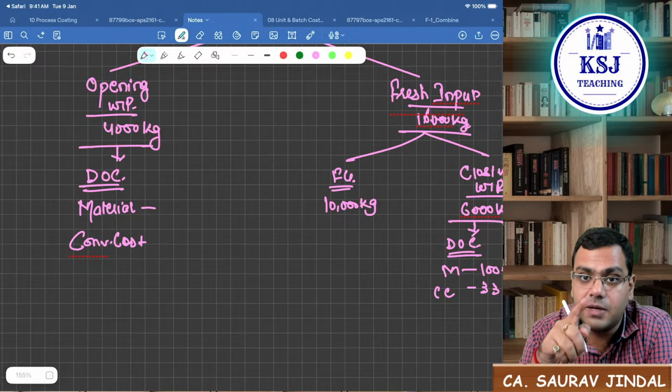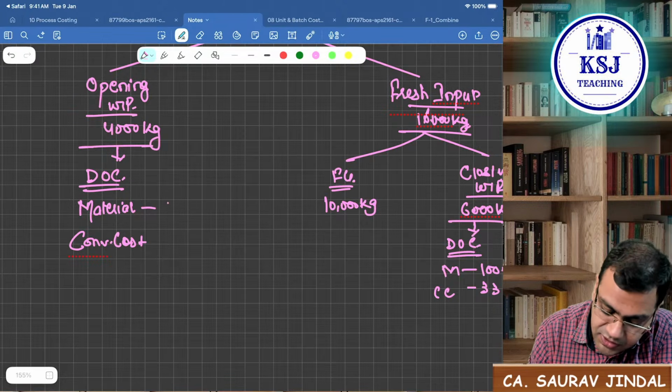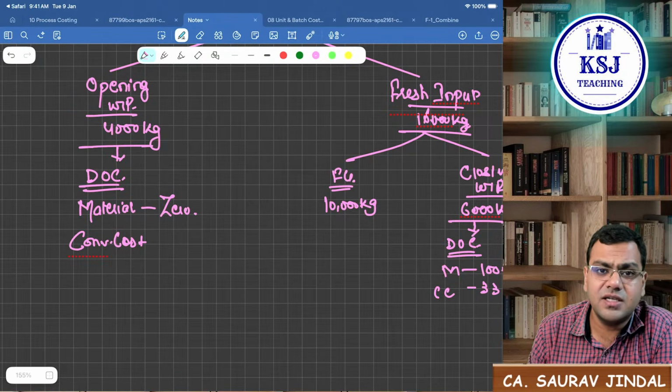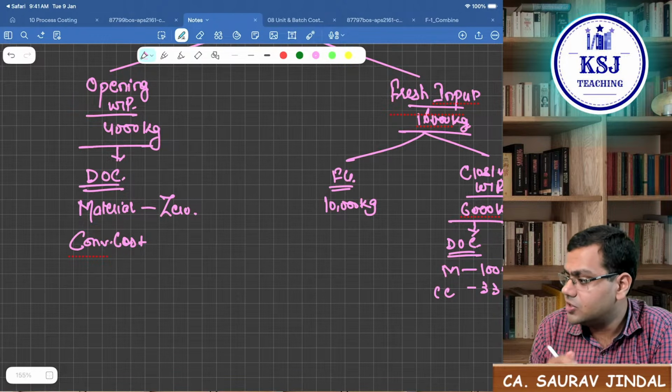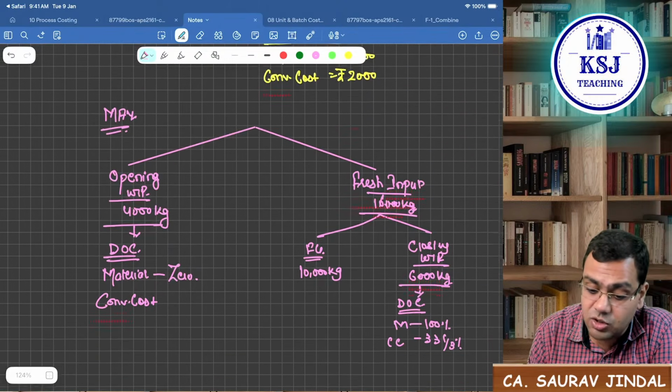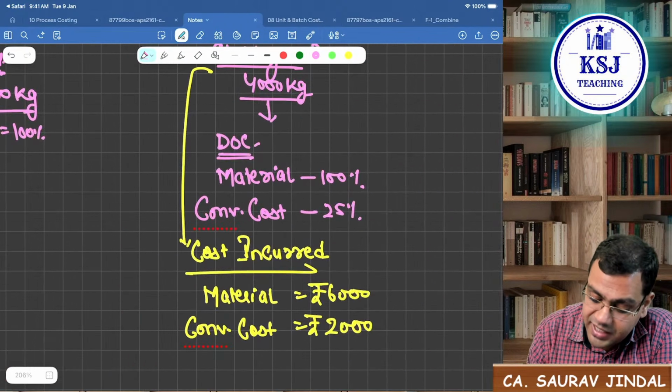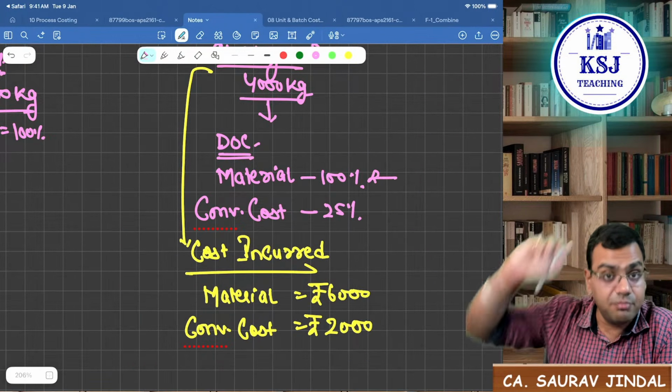The degree of completion for the material will be 0. Why, sir? We have completed the units, so why will it be 0? It will be 0 because the material is already 100% incurred in the previous period.